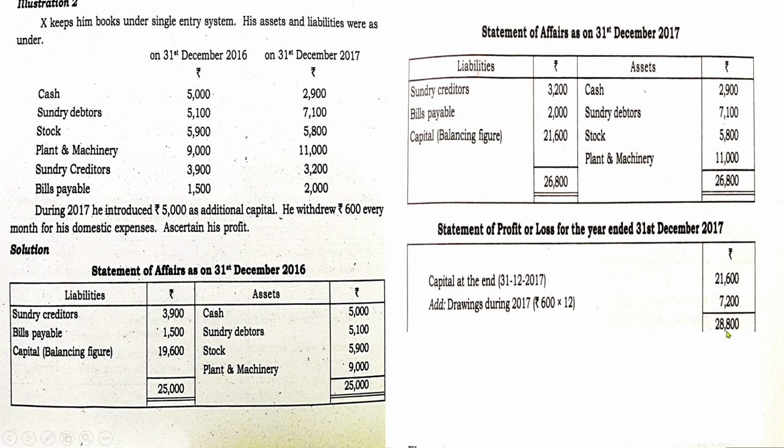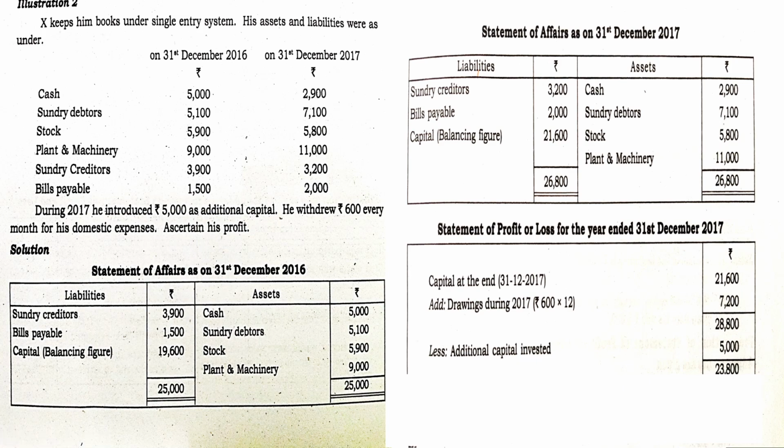From that amount, you need to deduct any additional capital introduced by the businessman. Here it is mentioned that during 2017 he introduced 5,000 as additional capital. So you need to deduct the additional capital investment of 5,000, and you will get 23,800.